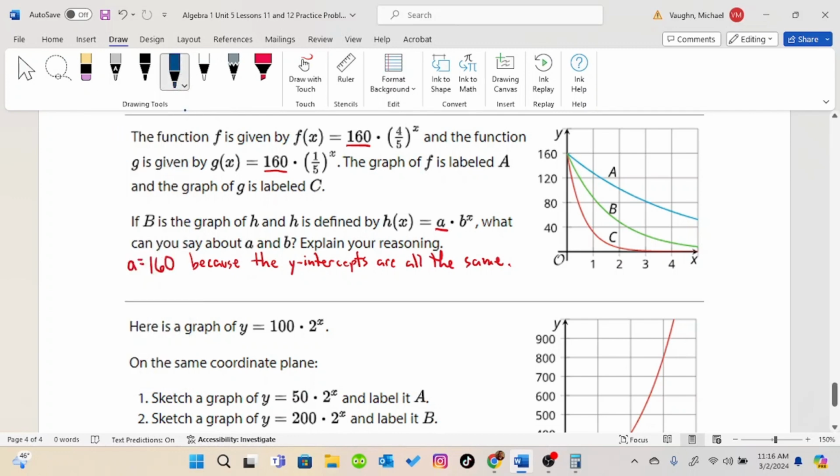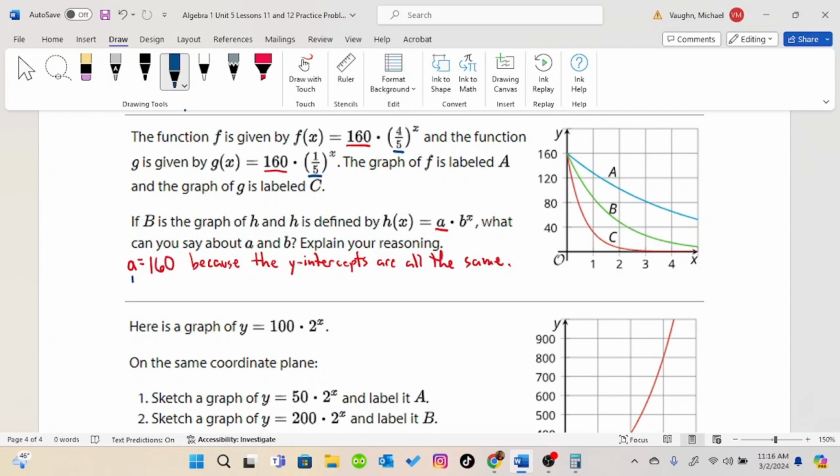For B, we know that graph A has a growth factor of 4/5, so it keeps 4/5 of its value each time. We know that graph C for function G has a growth factor of 1/5. It only keeps 1/5 of its value each time. And we can see that B is in between those two.